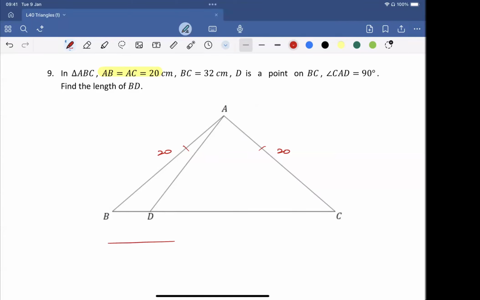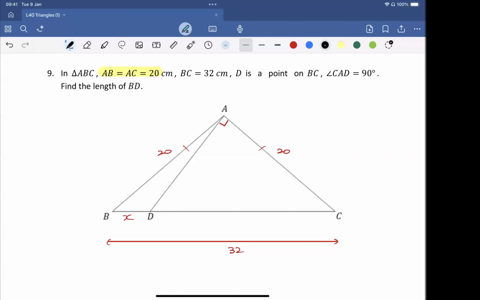They said that BC is 32 cm. And D is a point on BC. CAD is 90, so let's label it 90 degrees. Now they're asking you what is the length of BD. So I'm going to call it X.